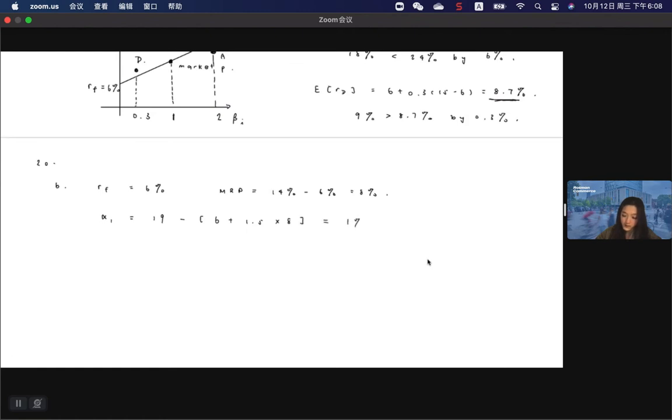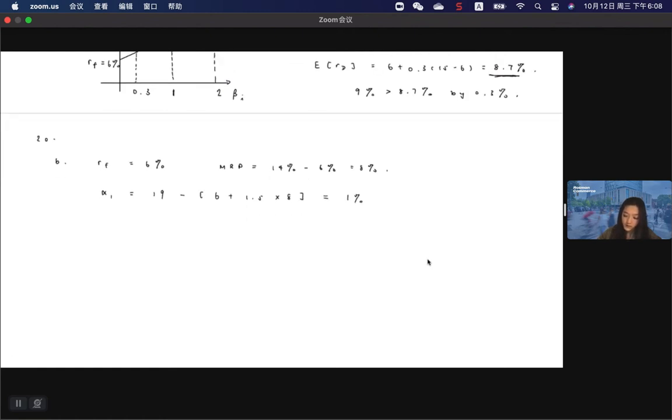This gives you an alpha of 1%. Similarly, for investor number 2, the predicted return equals 6% plus 1 times 8%, and the alpha would be 2%. Because investor 2 has a higher alpha, he or she is a better selector of individual securities.